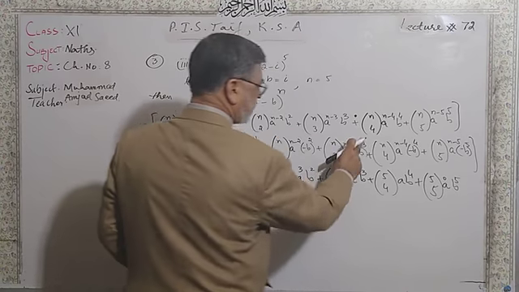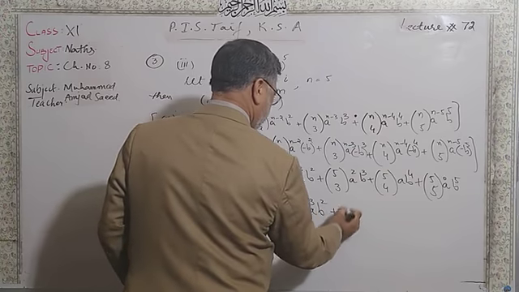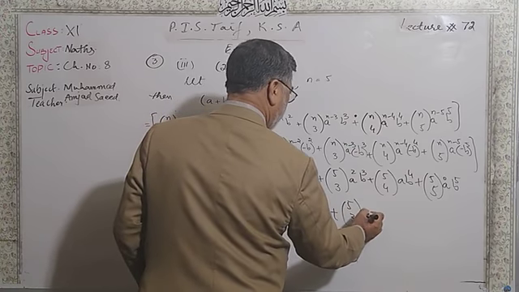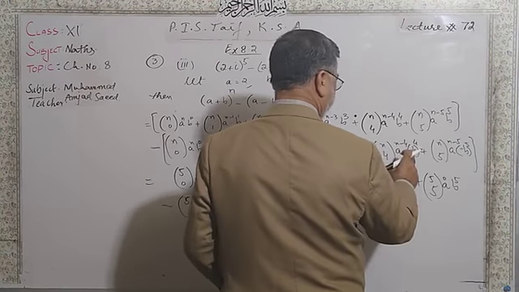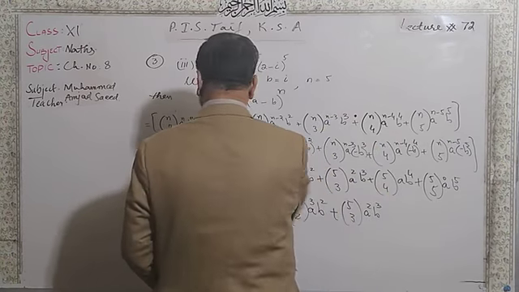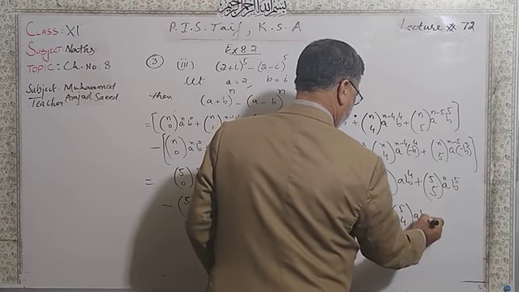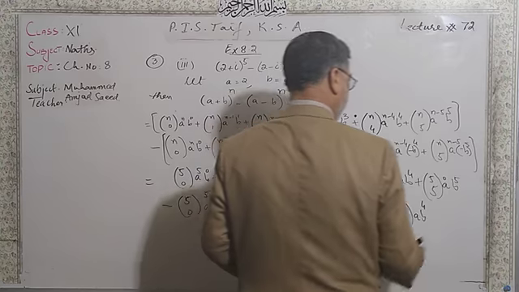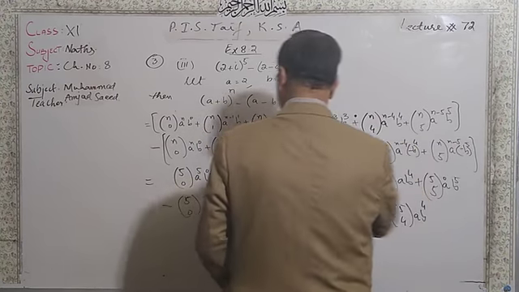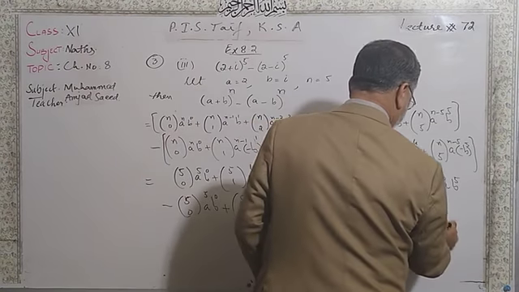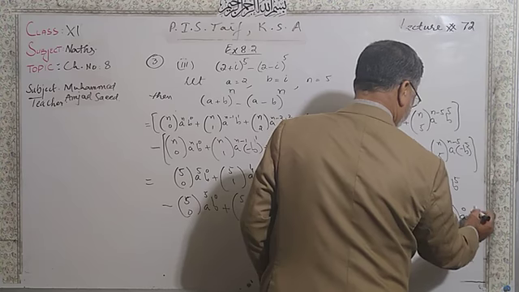Then here is cube, negative power, so minus plus 5C3 a square b cube. Then again minus b power 4 is plus, but outside negative sign, so here is minus 5C4 a b^4. And at the end this is minus b power 5, and minus outside will be plus 5C5 a^0 b^5.